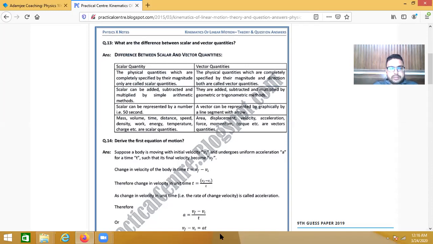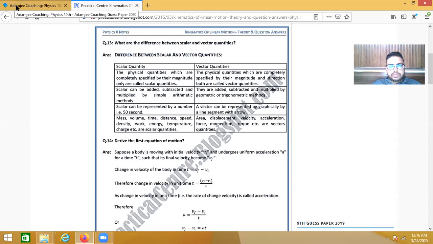Another difference is that you can represent a scalar with just a symbol, and a vector quantity you can represent with an arrow or a cap on that symbol, right? So these are some of the differences, and it is mentioned here.